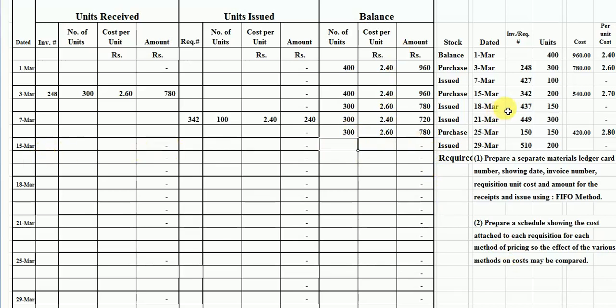Now, on 15th March, again a purchase, the number is 340. We record it in the receipts column. The number of units received is 200 units, the rate is 2.70 rupees per unit.